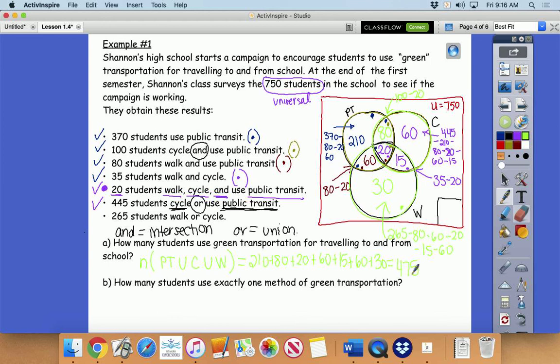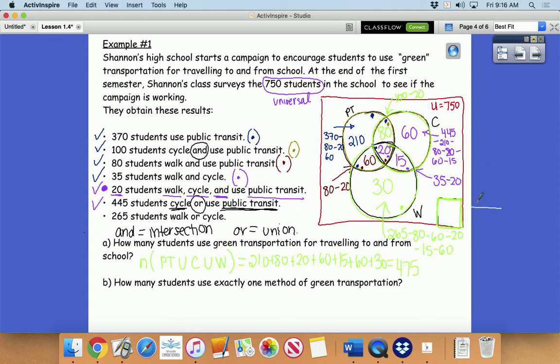Okay, so in order to fill this Venn diagram out, we still need this part right here. We still need to find out the students that don't use green transportation. Well, this number comes from taking the universal 750 and subtracting all the parts of the circle, which is the union, 475.